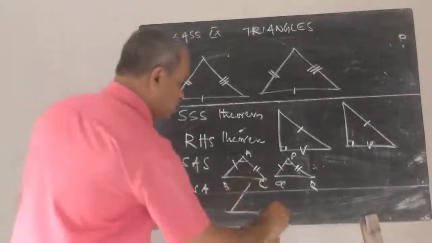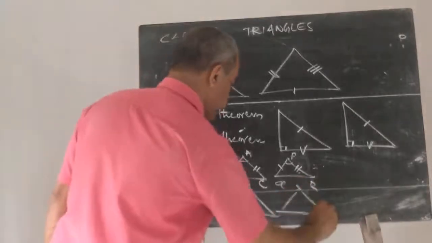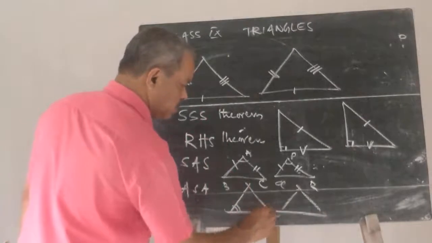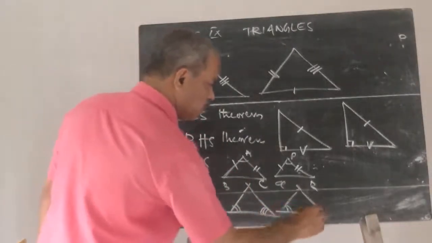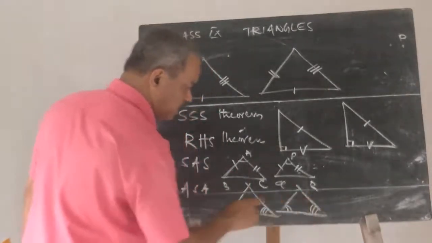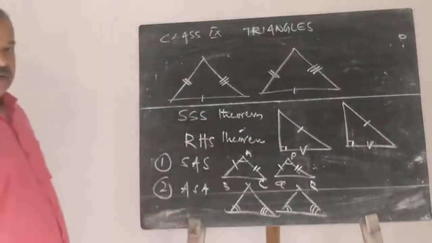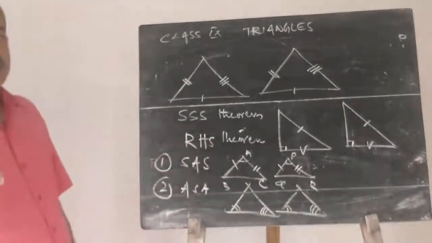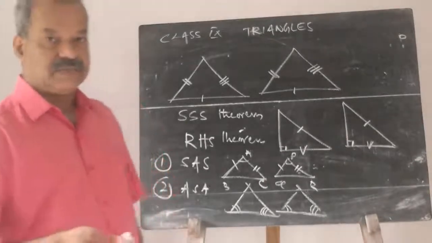Two, ASA: in two triangles, if two corresponding angles and their included sides are equal, then the triangles are congruent. Here what we are checking is only three aspects.